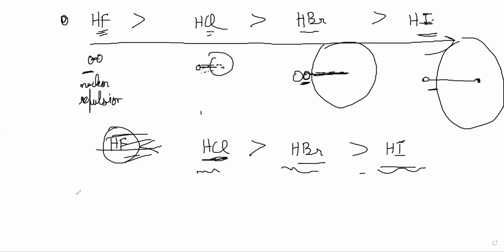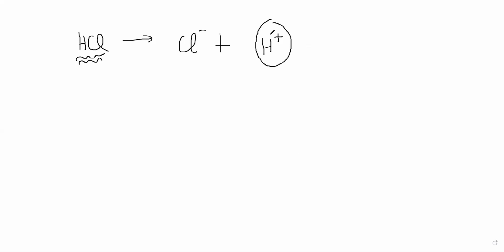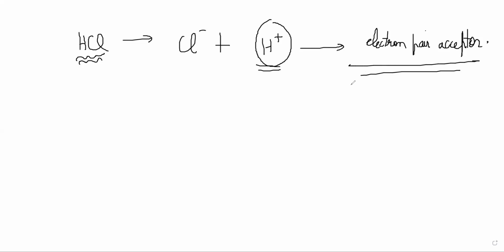So something that gives off a proton, H plus and Cl minus, something that is giving off a proton, can be thought of as this. It has given off H plus, and this H plus is an electron pair acceptor in a future reaction. This H plus is an electron pair acceptor.